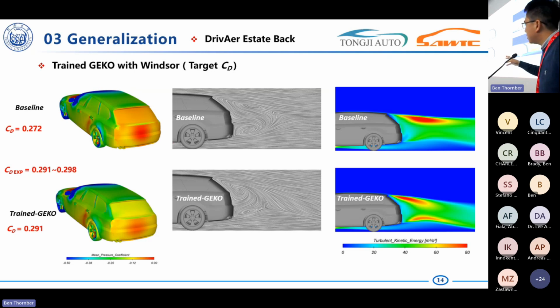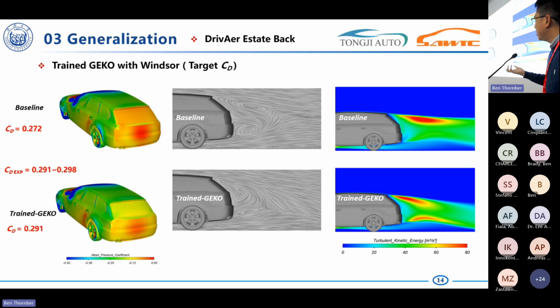But if we use the trained GEKO model with the Windsor body, the CD is very close to the experiment. You can also see a very noticeable wake change in the flow. But I think the flow field still needs to be further validated by experiment data.